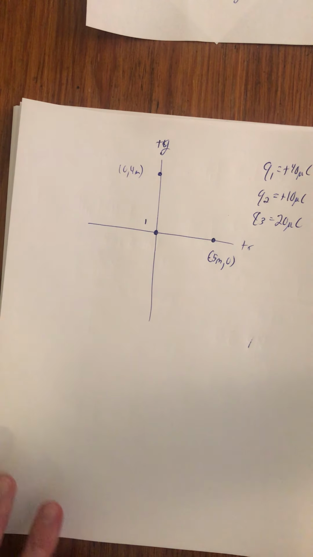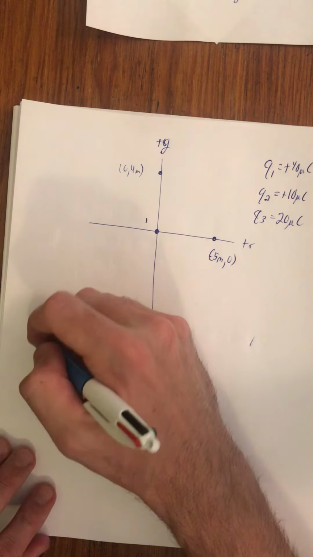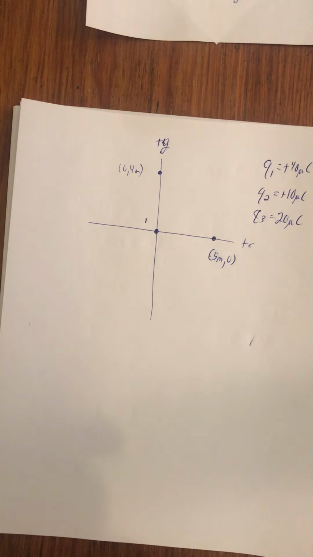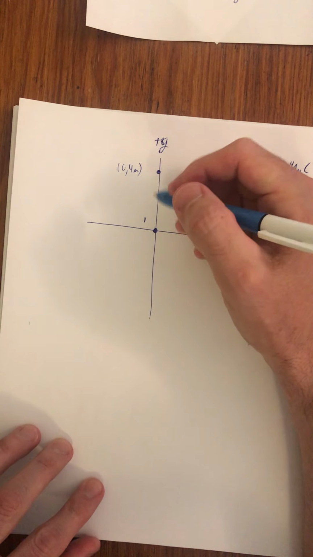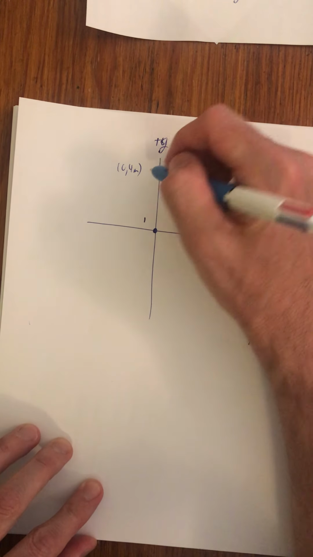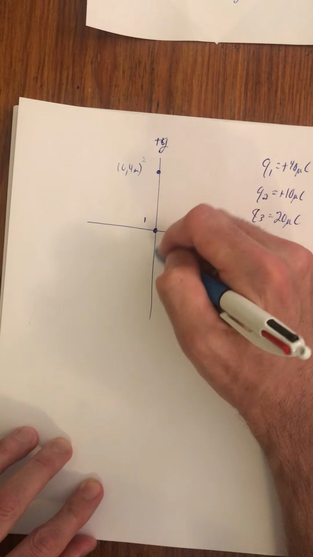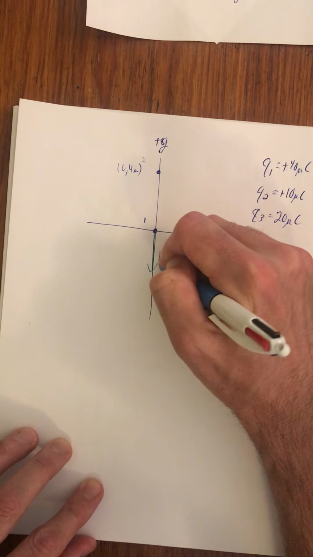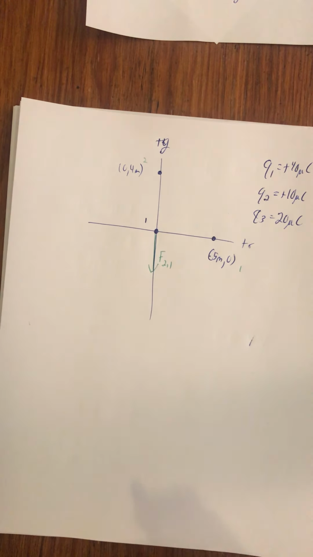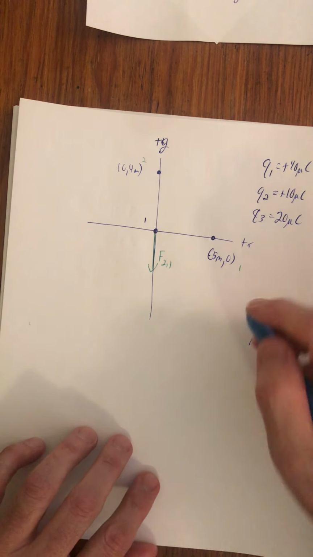Okay, now I want to answer the same question again. What is the net force on charge 1? So let's draw in the forces. Free body diagram. This is 2, this is 1. The force of 2 on 1 is still in this direction, right? Because we didn't change anything about that. In fact, we already know the magnitude of it because we didn't change it.